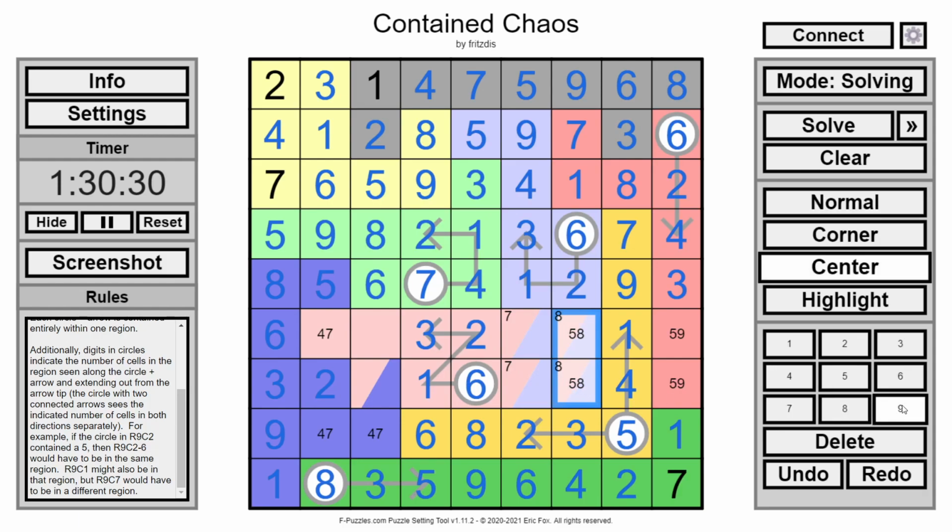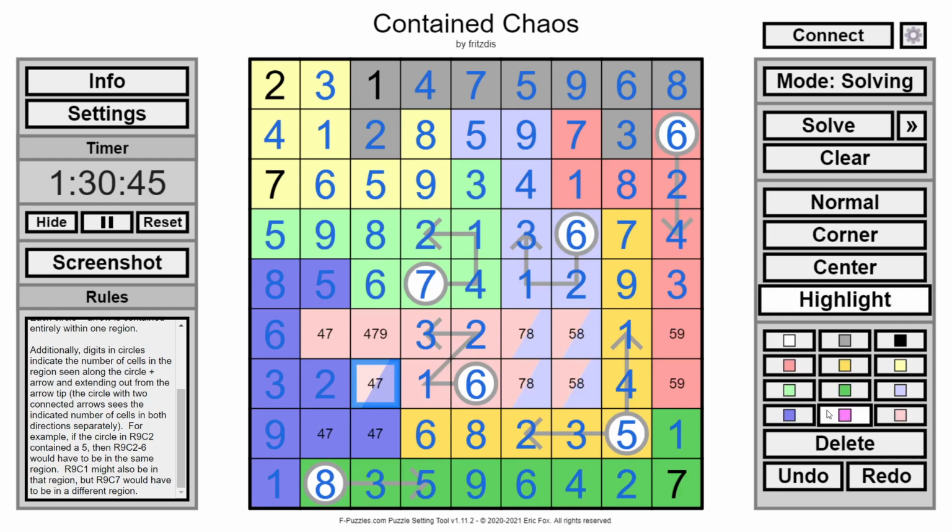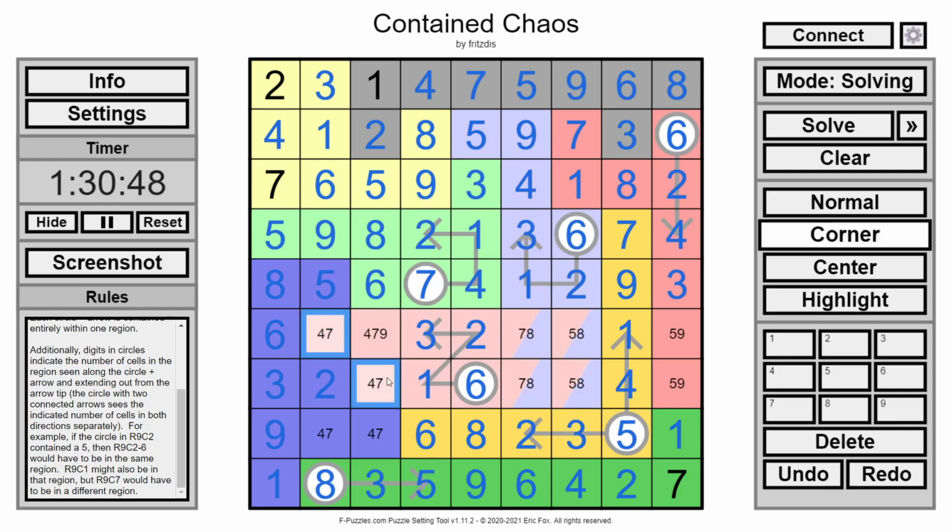Okay, let's just take 9s out of there. This is 7, 8. And this is 4, 7, 9. Okay. Now let's kind of figure out things. This can't be dark blue because dark blue already has a 9. We now have a 4, 7 pair in pink, so this is a 9.